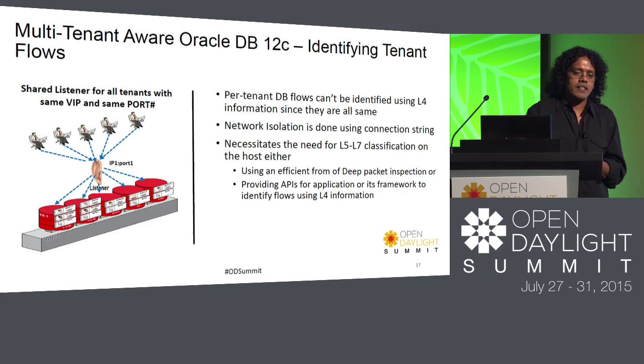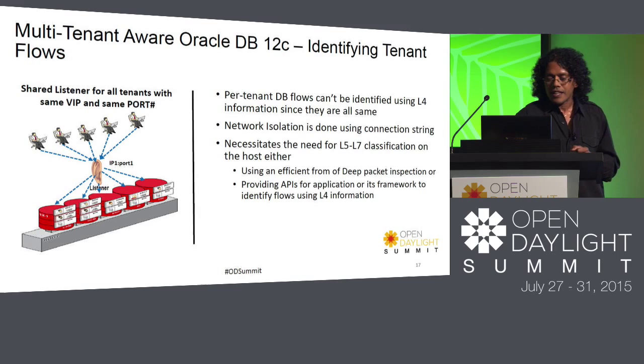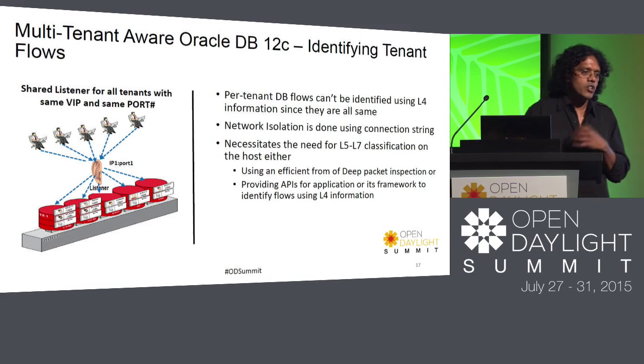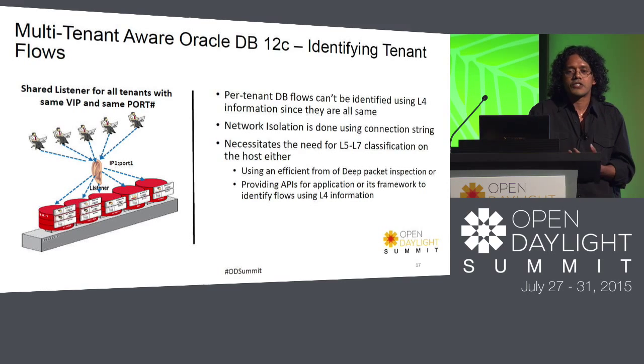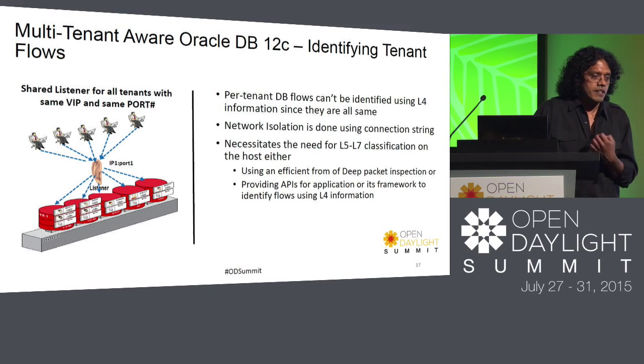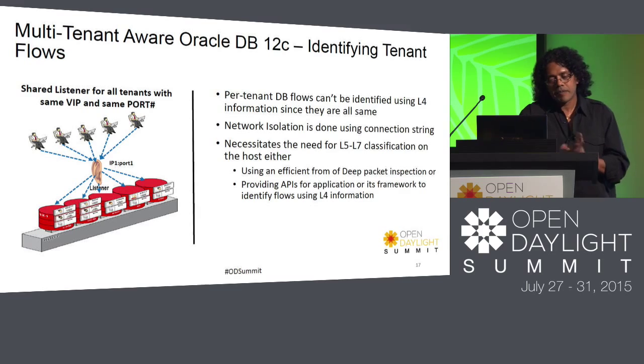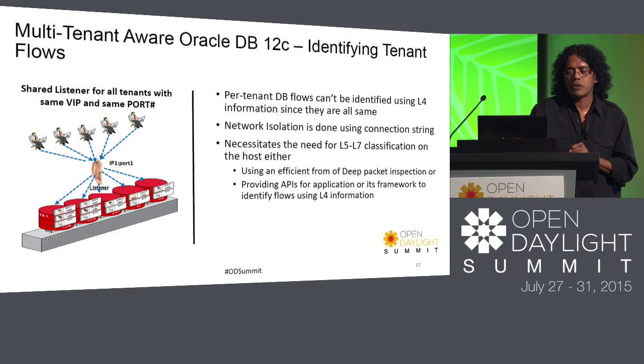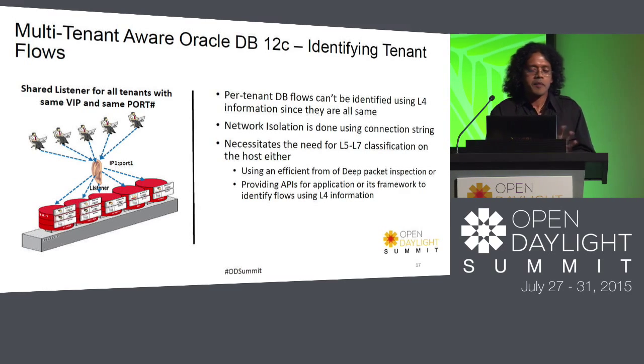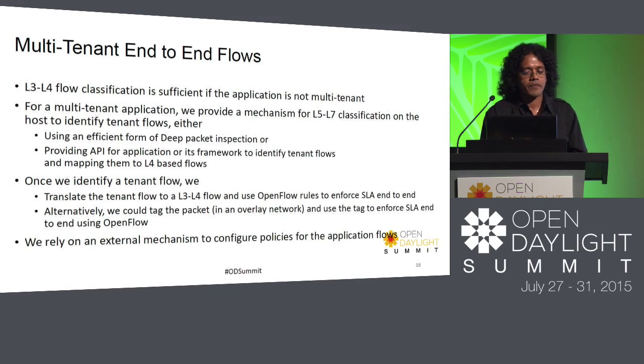If the application runs in a very trusted environment, you might want to provide the API and let the application tell you what the flows are. But in most cases, you want to run the applications and have some administrative entity do this work for you. Solaris actually supports socket APIs that allow applications to convey this message, but depending on how trusted the application is, it may or may not be used.